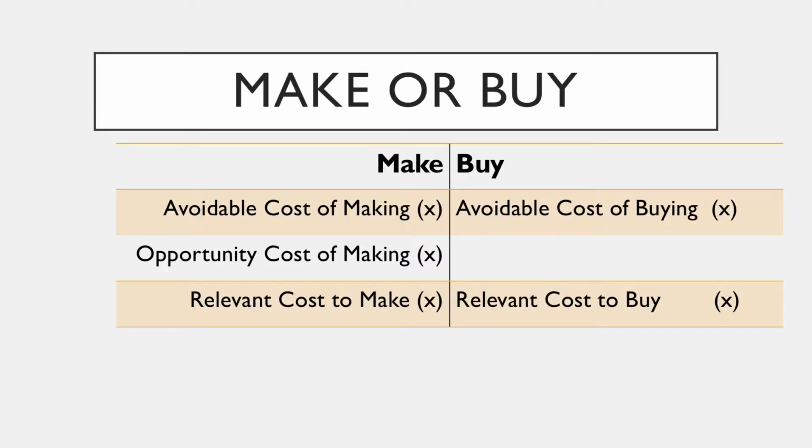Meanwhile, in the buy option, it is usually the purchase price and the related costs that can disappear if we are going to stop buying. We are to compare the relevant costs between the two options, and we are going to favor the option with the lowest cost.